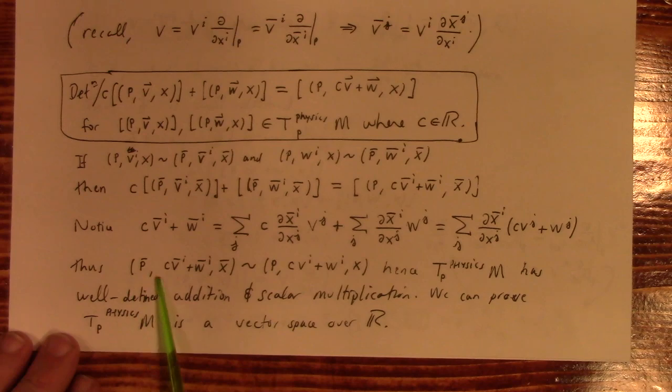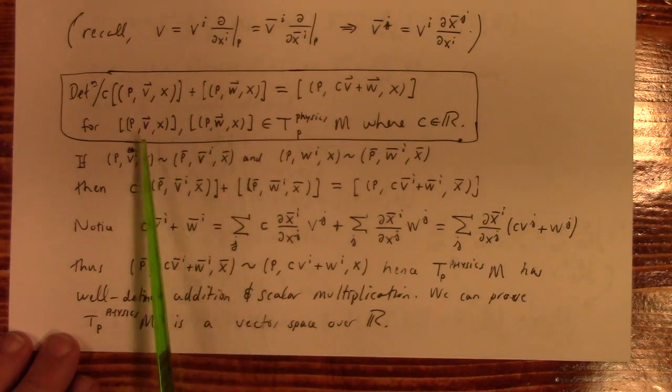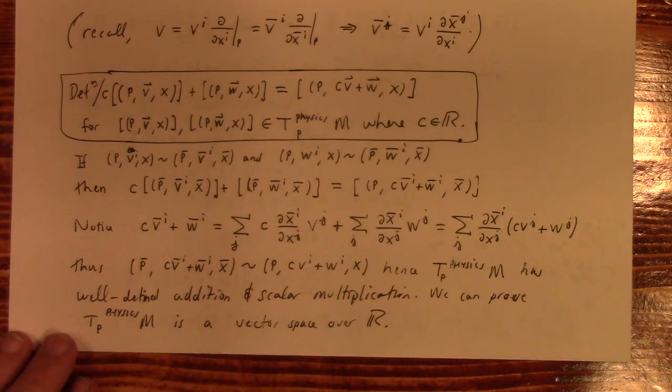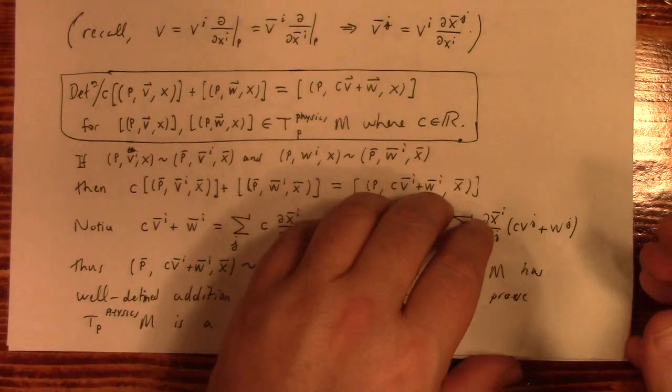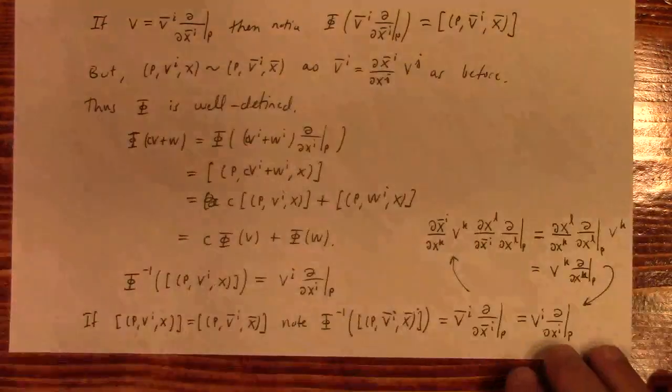In other words, this is equivalent to that, which then proves that the vector addition is well defined. And you can prove that it's a vector space over R. It's not especially interesting, but there it is.